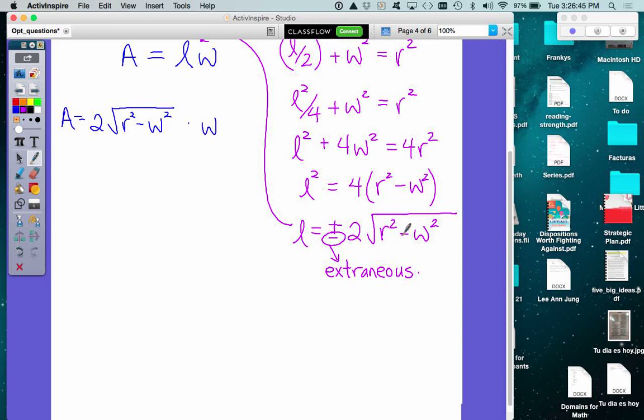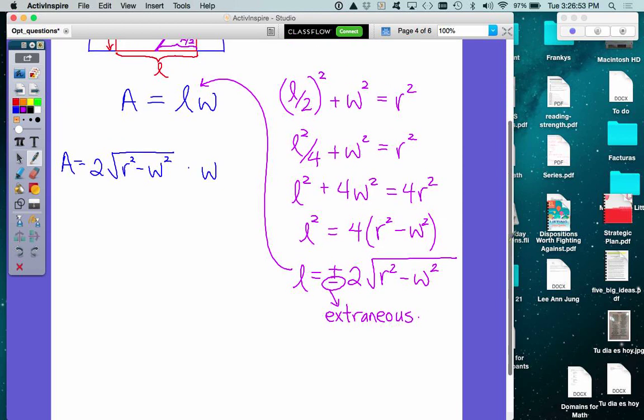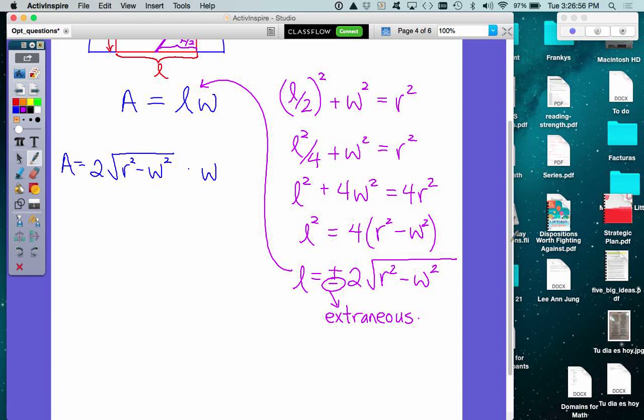We know that anything coming out of the square root is going to be positive, and so 2 times that is also going to be positive, but negative 2 times that would make it negative, and that's extraneous. So we're left with area equals 2 times the square root of R^2 - W^2, times W.